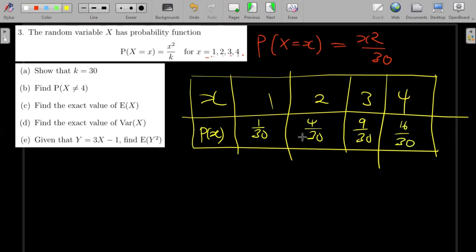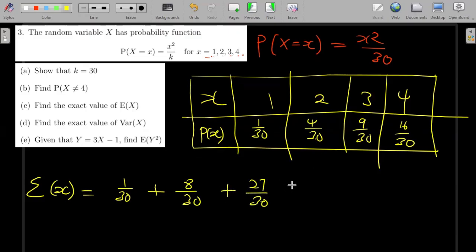30. So to find the expected value of x, remember, we said it will be adding the product of the variable with its probability. So 1 multiplied by this, I get 1 over 30, plus 2 multiplied by this, I get 8 over 30, plus 3 multiplied by this, I get 27 over 30, plus 4 multiplied by 16.